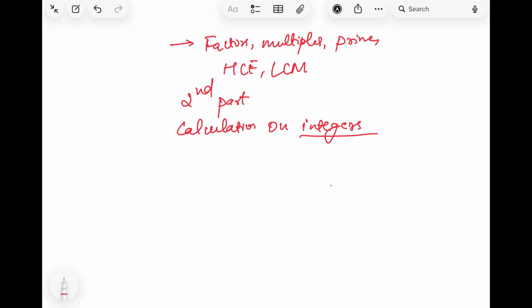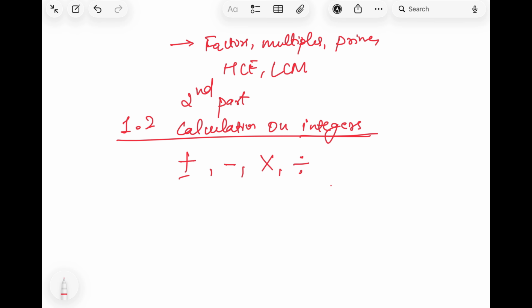The four basic calculations are addition, subtraction, multiplication and division. So the same operations we will perform with integers also. Subtopic 1.2 is calculations on integers.